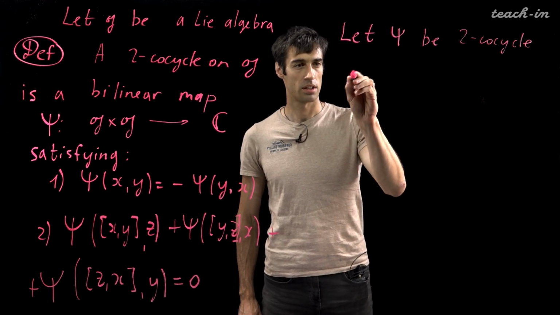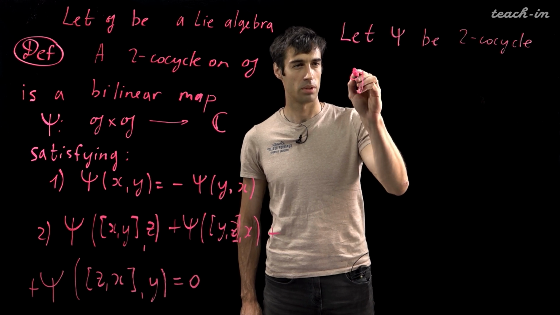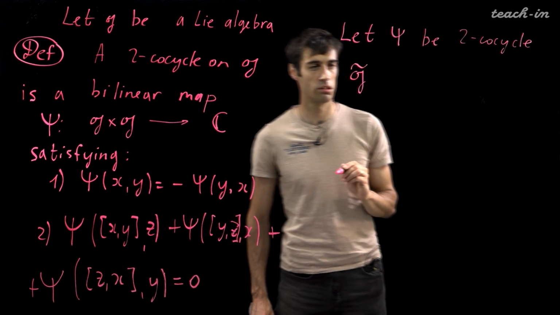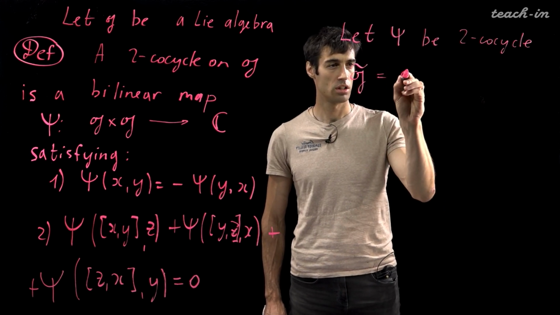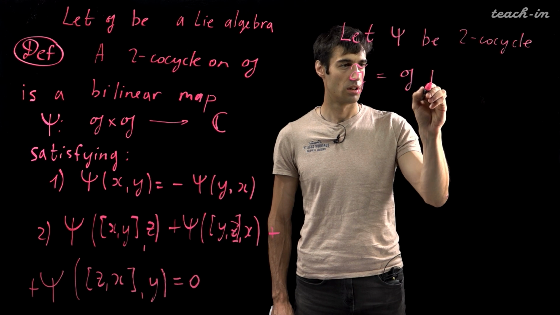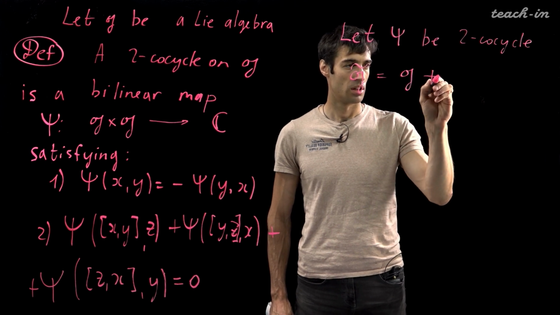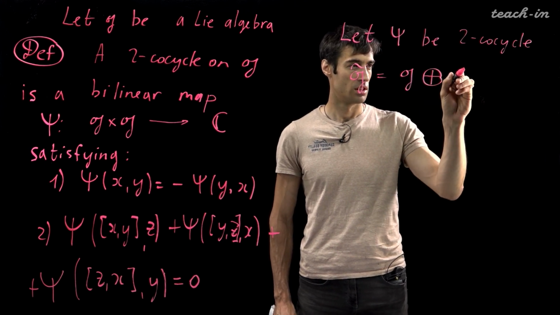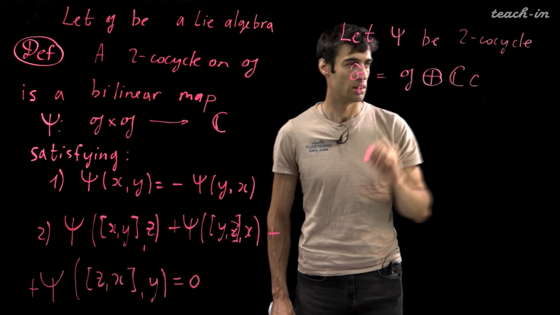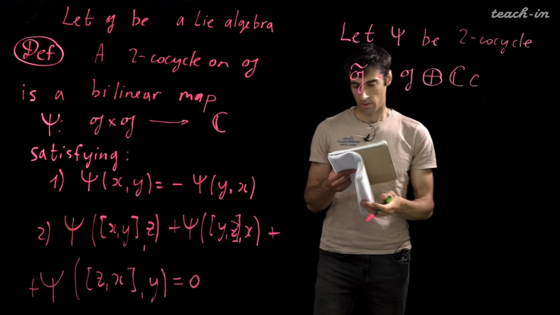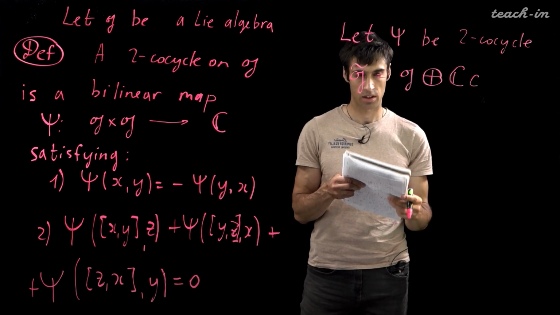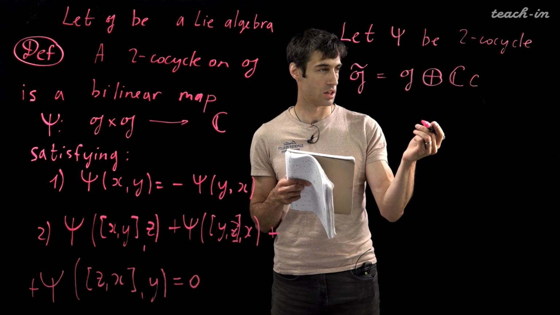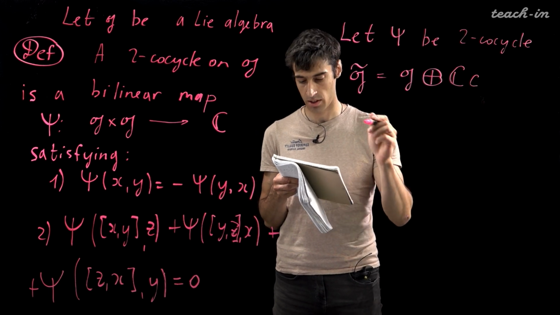As a vector space, this new Lie algebra will be denoted G tilde, and it is G with one more element added, which we call C. And I introduce a Lie bracket on this vector space as follows.